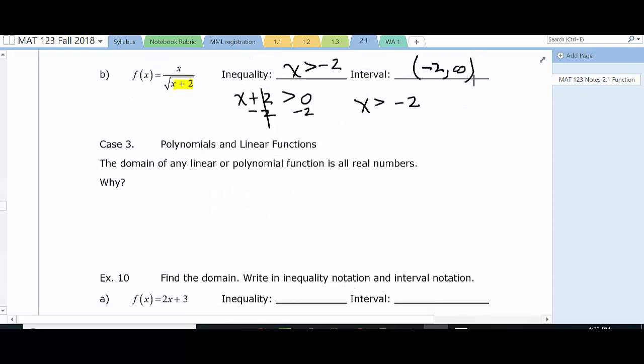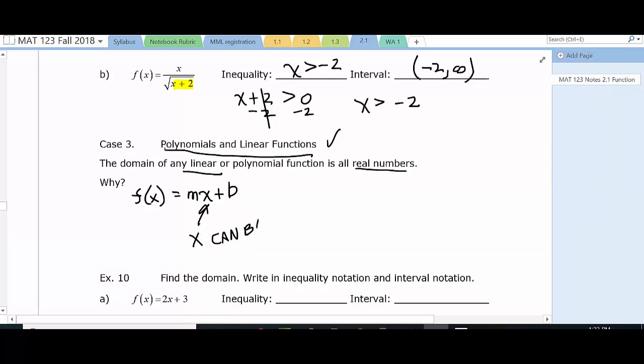Okay, the next thing we'll look at is polynomials and linear functions, and it's just always all real numbers. The domain of a linear function is always all real numbers, and it's basically because of this. If you have f of x equals mx plus b, well, x can be multiplied by anything.